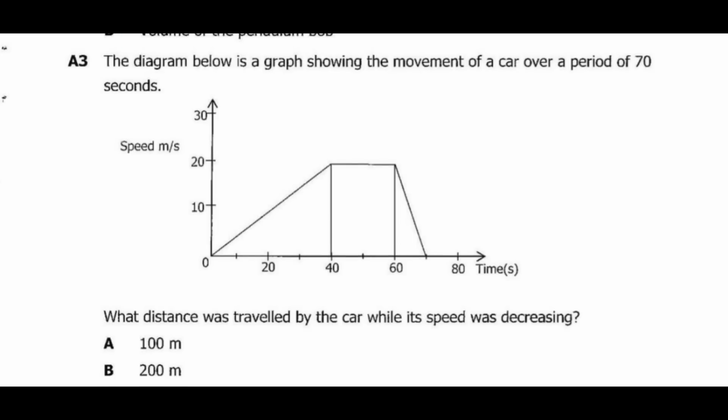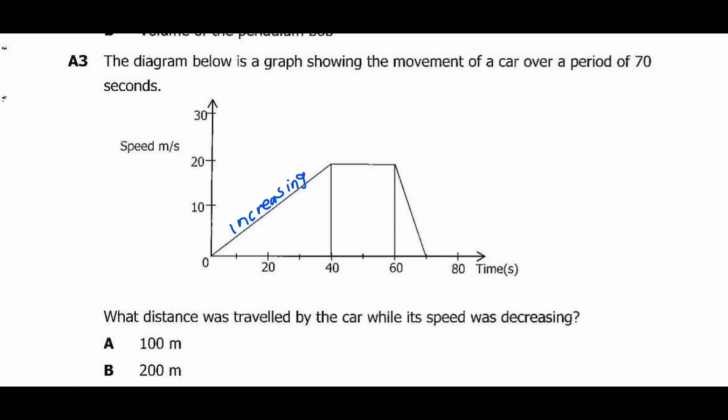The diagram below is a graph showing the movement of a car over a period of 70 seconds. What distance was traveled by the car while its speed was decreasing? So let's look at this diagram. So here we have the speed is increasing. So this is not the distance that we are looking for.